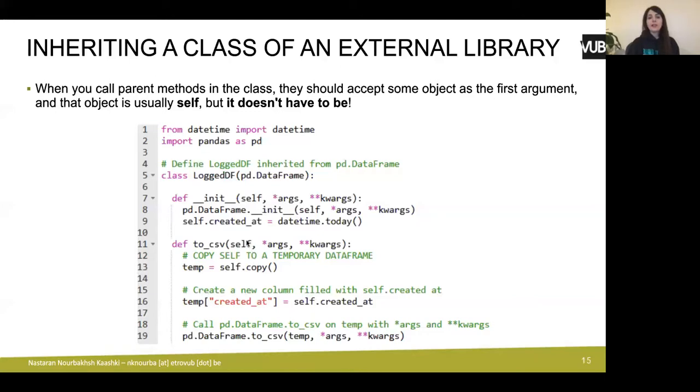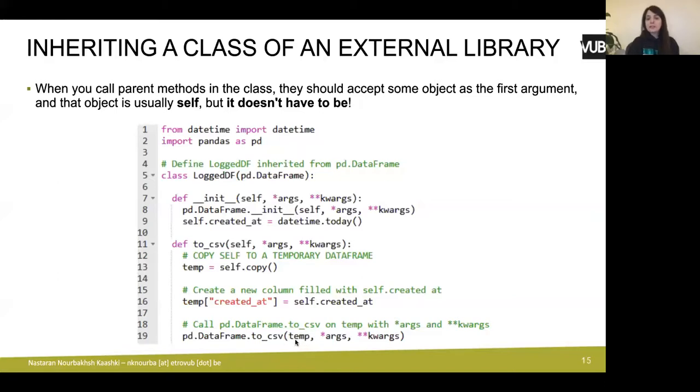Inside that I'm getting a copy of the object, and have a reference to that using temp, and I'm getting the created_at of that, the creation time, and writing it to a column of this DataFrame, and I'm calling to_csv of DataFrame with this object.